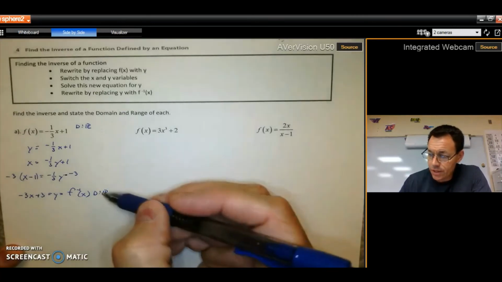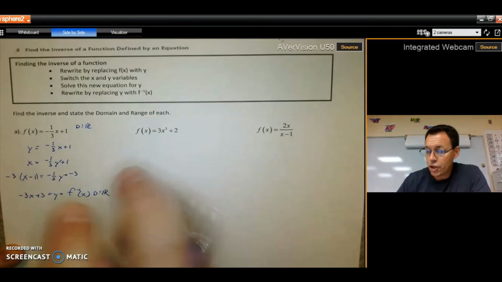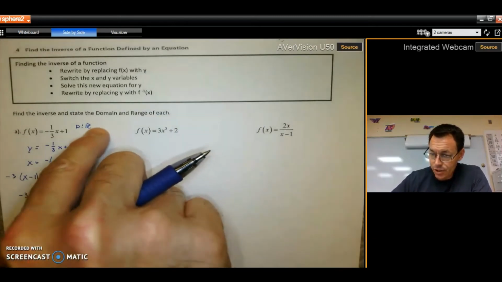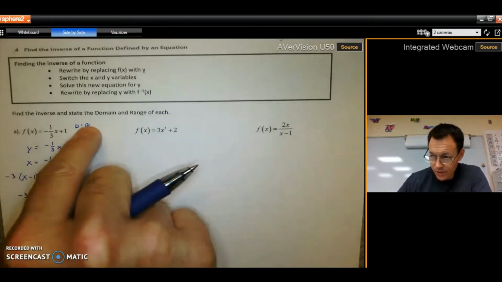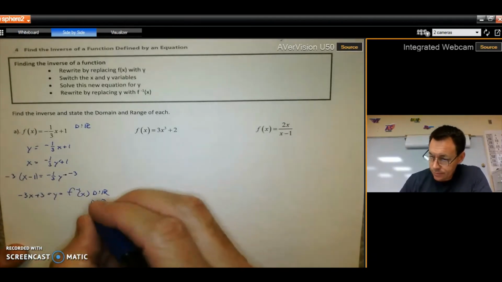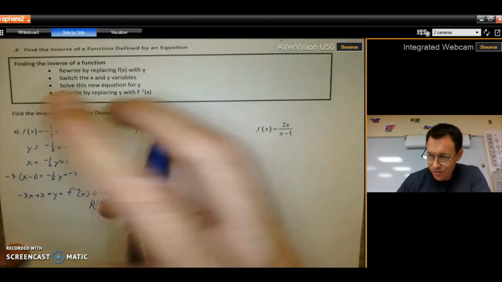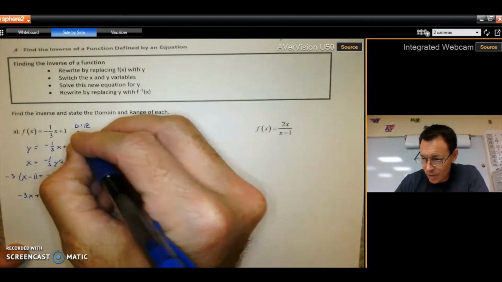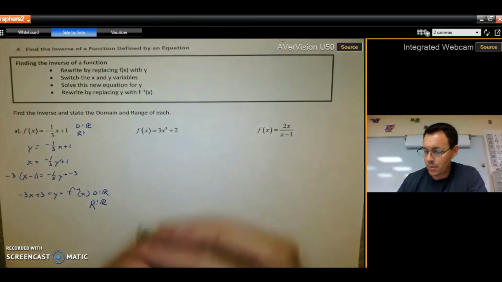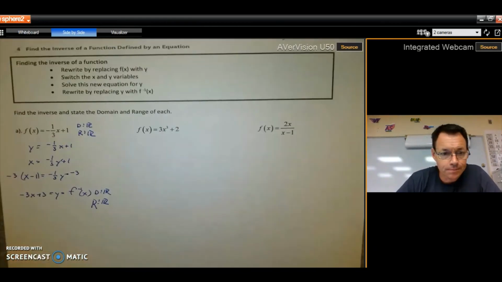Because if I know each of these domains, then I can also use the fact that the domain of this function is the range of this. So if that's all real numbers, this is all real numbers. Range. And the domain of the inverse is the range of this. So all we're really going to do is find the domain of each, and then we're just going to take the information and flip it. So that's that one.